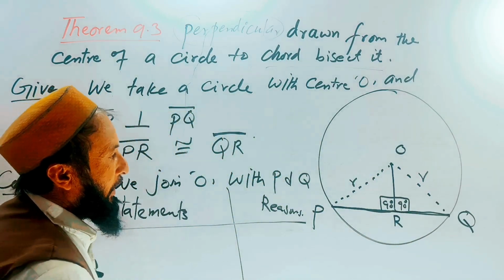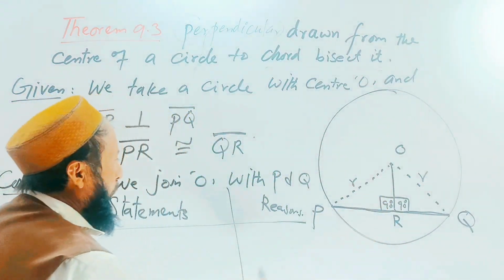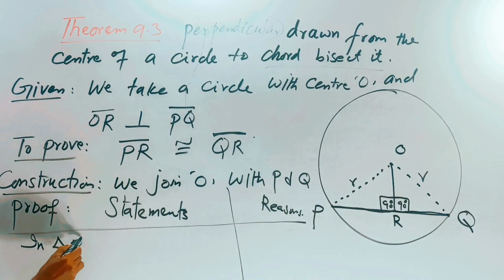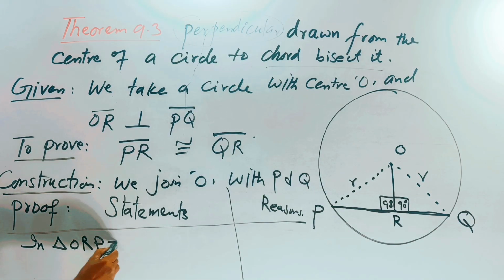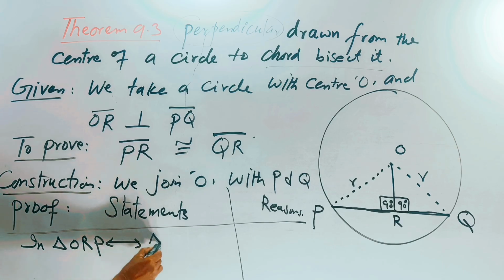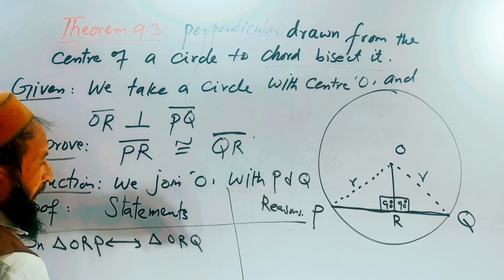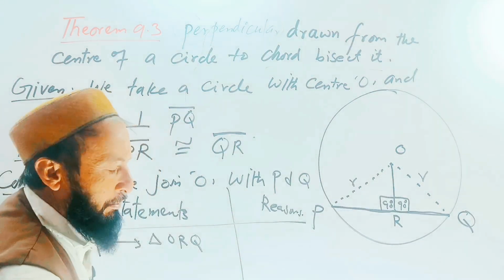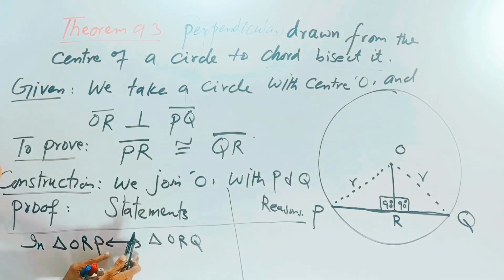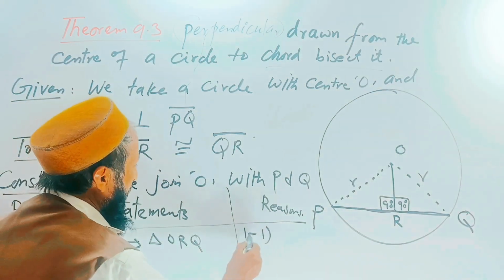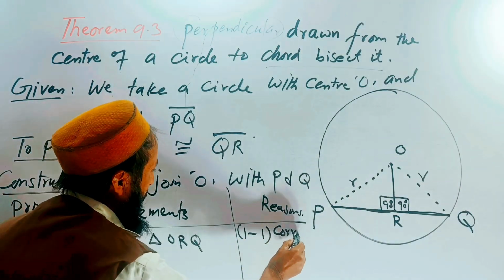We compare triangle ORP and triangle ORQ, in one-to-one correspondence. This notation represents one-to-one correspondence.